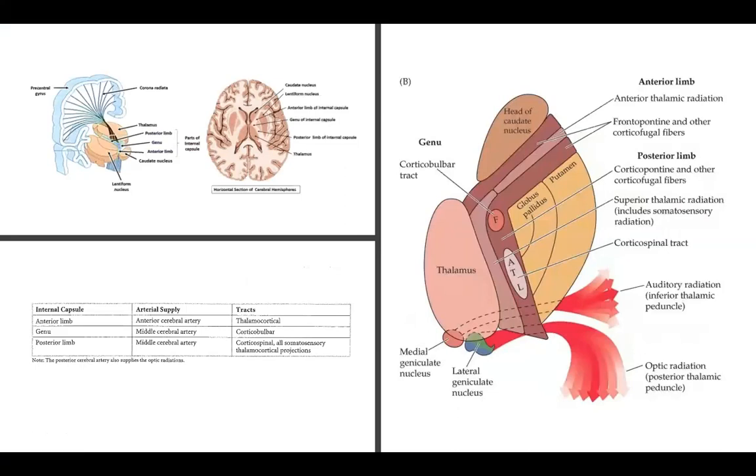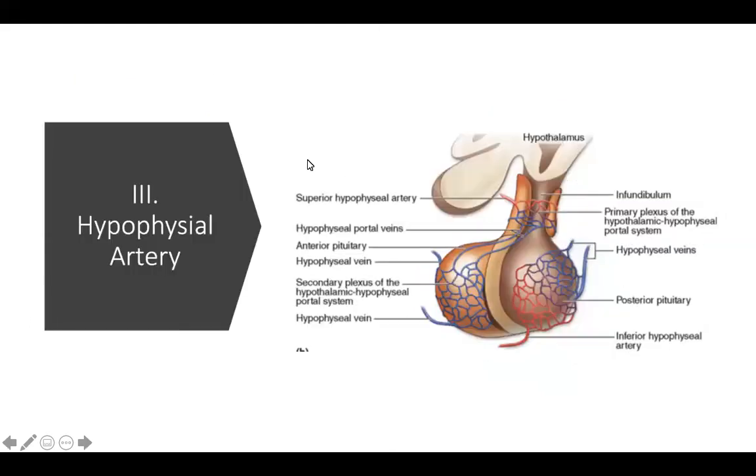So the hypophyseal artery supplies what exactly? The pituitary gland. Excellent. It supplies part of the pituitary, and it supplies the infundibulum. The infundibulum is the connection between the hypothalamus and the pituitary gland.